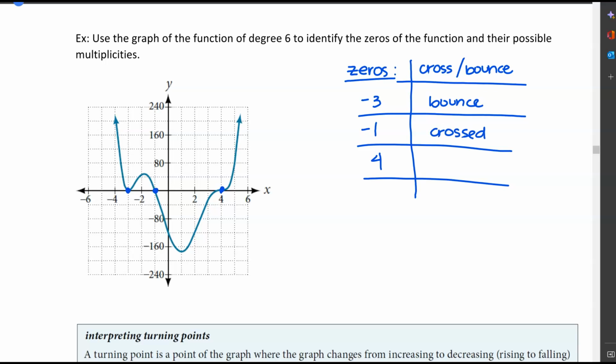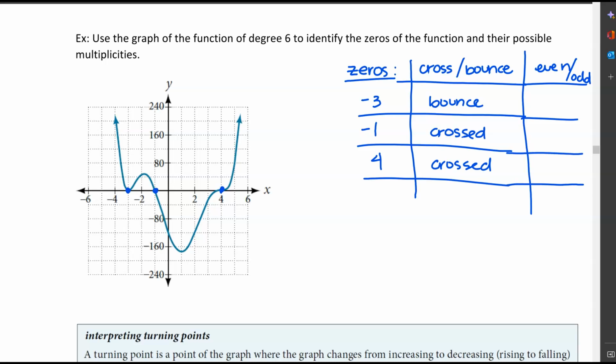And then at 4, we also crossed. Because of that, when we look at even and odd, which ones are the possibilities here? Because we bounced, that's going to be even.